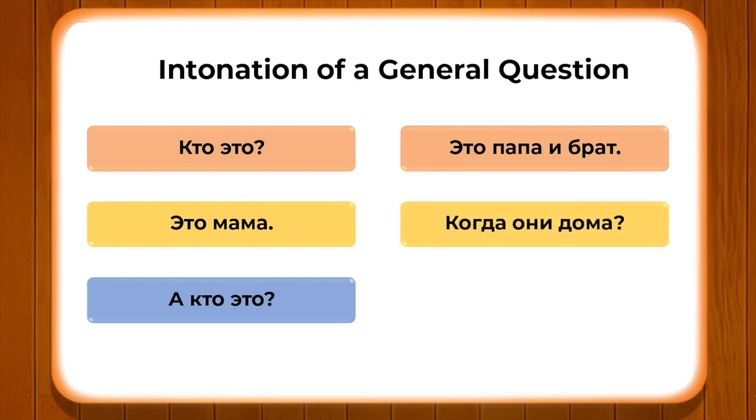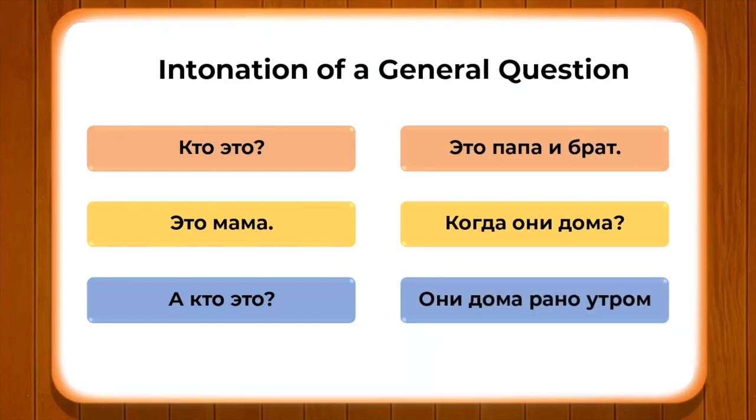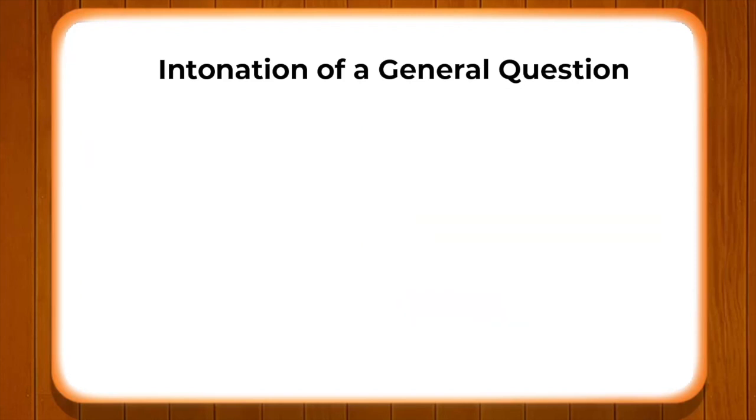Likewise we have "когда они дома", when are they at home. So we have "они дома рано утром", they are at home early in the morning. So you can also make such examples by yourself and use them in your day-to-day communication, and you will see that there is gradual progress when you are listening to these concepts efficiently and side by side writing them down in your notebook.